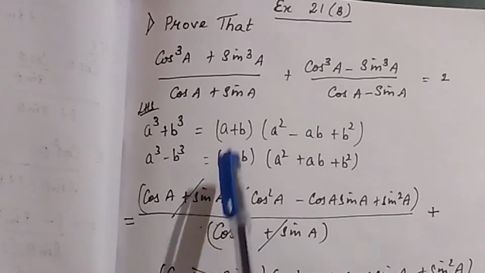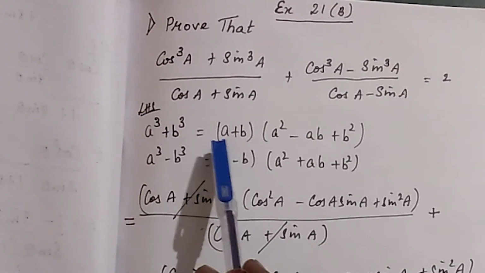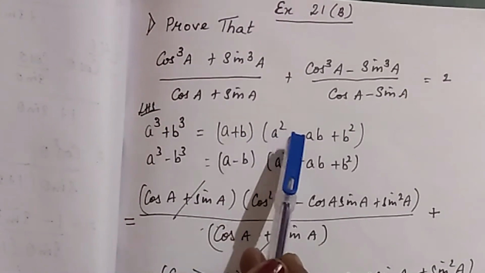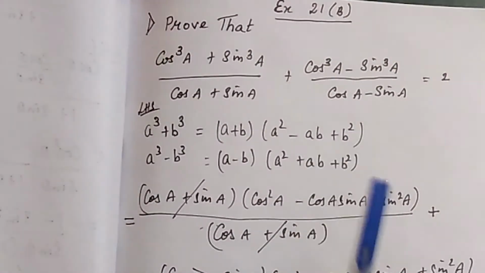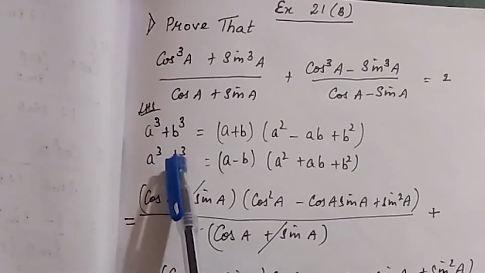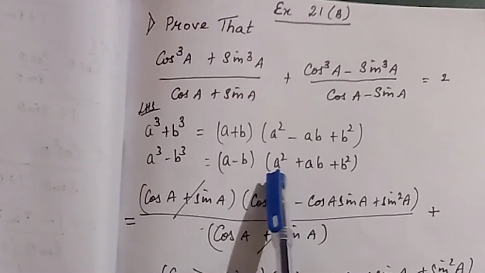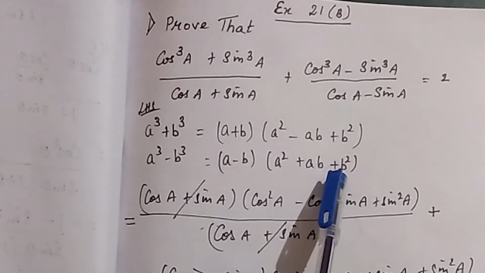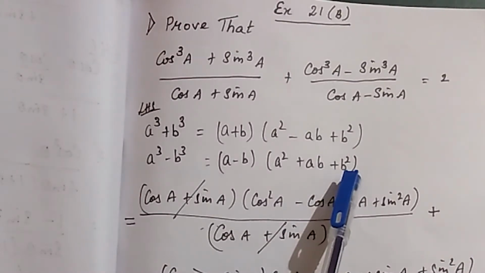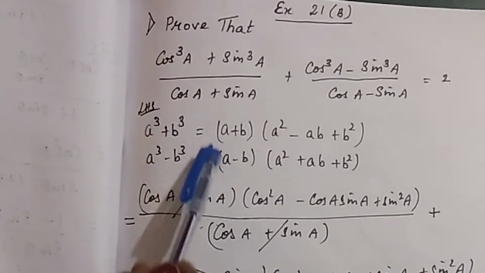So you know a³ + b³ is equal to (a + b)(a² − ab + b²), and a³ − b³ is equal to (a − b)(a² + ab + b²). Now apply these identities.